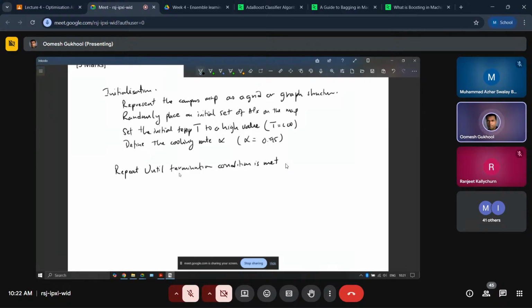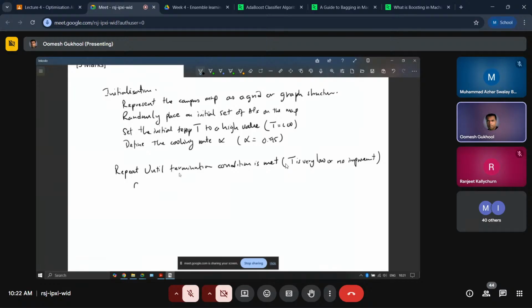That could be, for example, T is very low or no improvement. What I mean by no improvement is no improvement in several iterations, for example. Okay, you can figure out what.